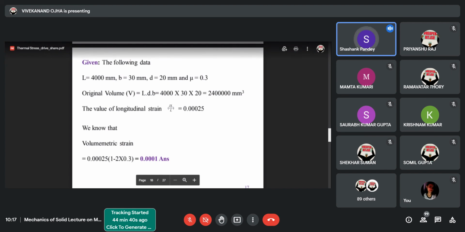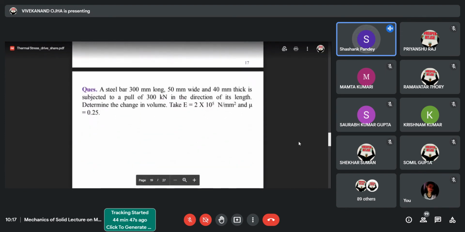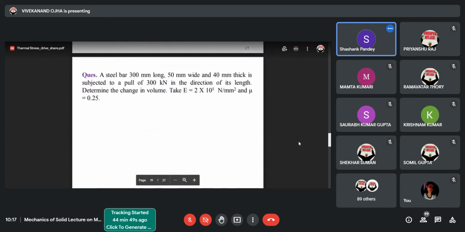So you move to slide number 18 and please solve this question. A steel bar 300 mm long, width 50 mm, and thickness 40 mm, is subjected to a pull of 300 kilonewton in direction of its length. So only in the direction of length we have been given this 300 kilonewton acting along its length.